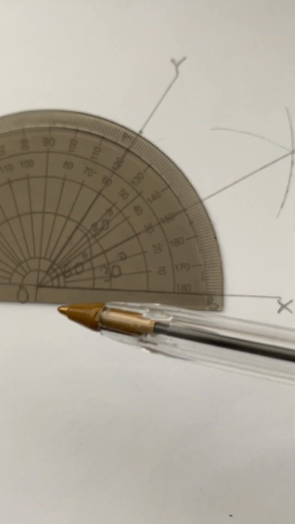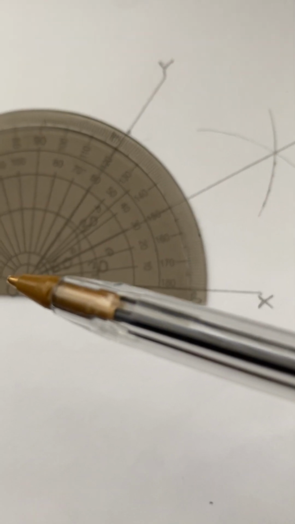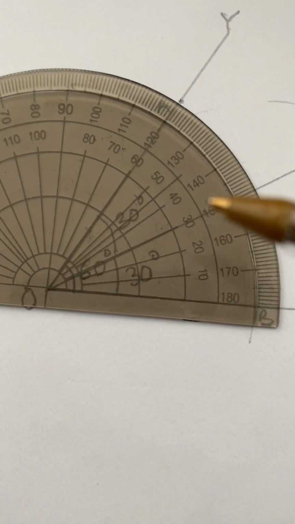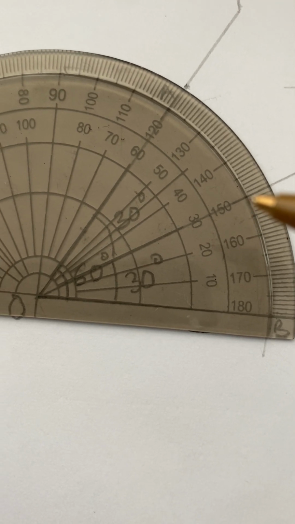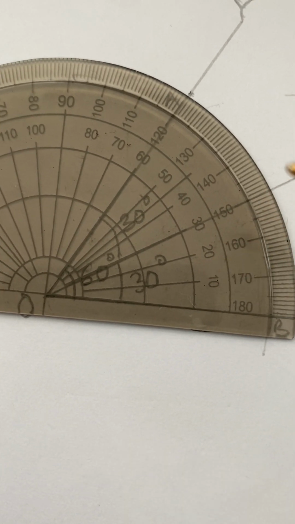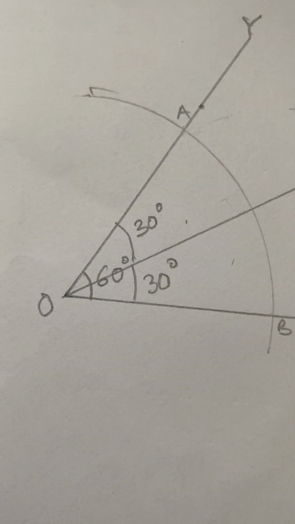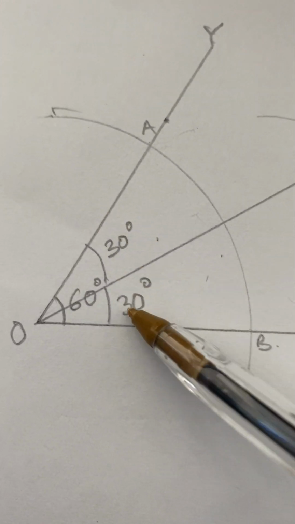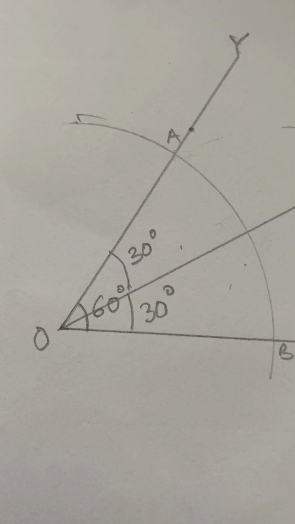And you can see that we've bisected the angle and it's dividing it exactly at 30. If I bring it closer, at 30. So now the angle 60, we've bisected it or divided it into two equal parts.